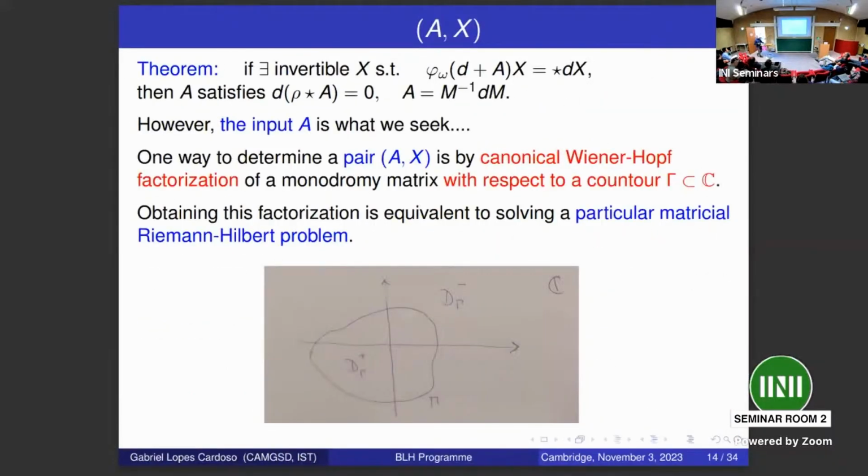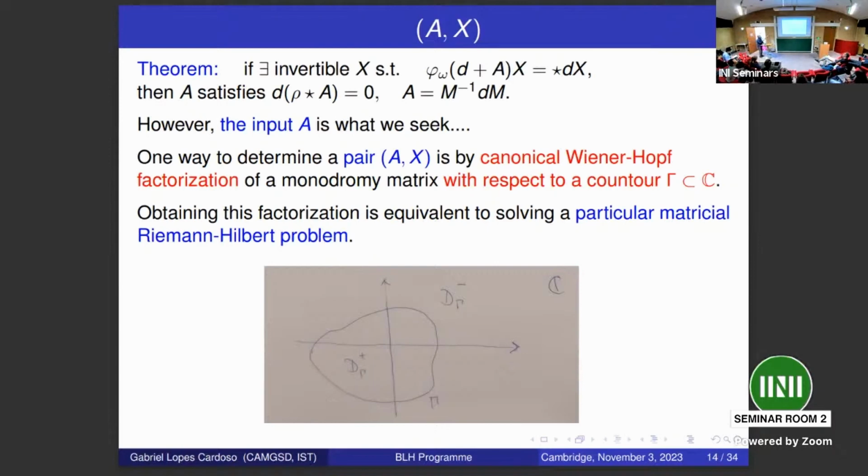Now we would like to solve this. So now here's the linear system again. And as I said, if you have a solution A to the equations of motion, then if you stuff it in here, you can construct the associated X. But the purpose of this was to construct solutions to the equations of motion.